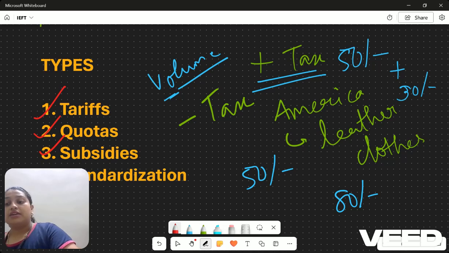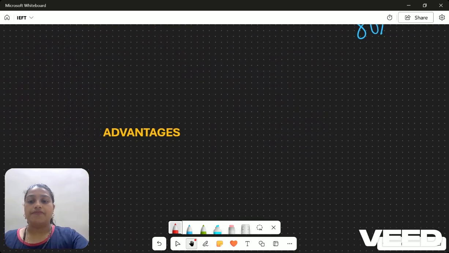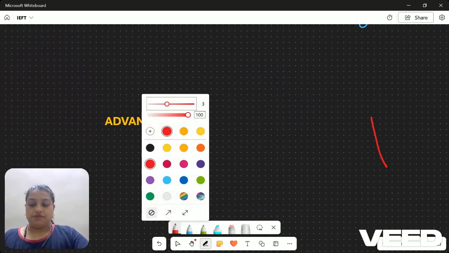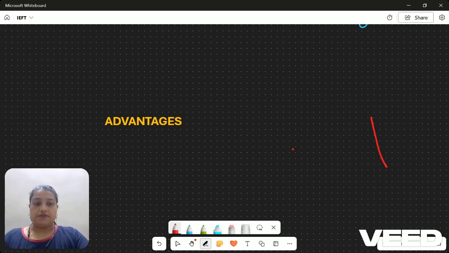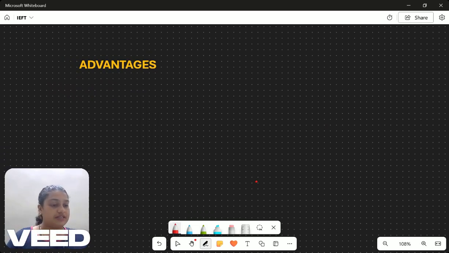Especially for the traditional people, it would be easy for them. So these are the types: tariff, quotas, subsidies, and standardization. These are the types of protectionism.